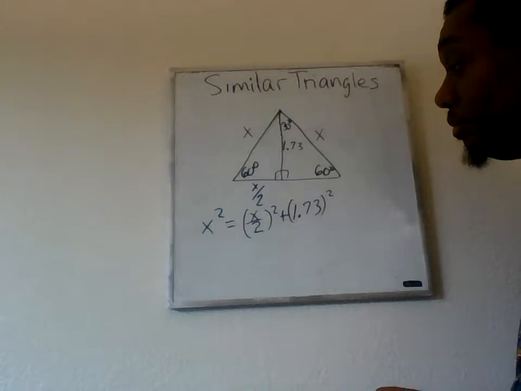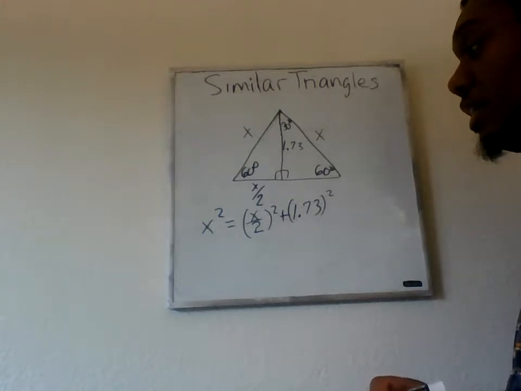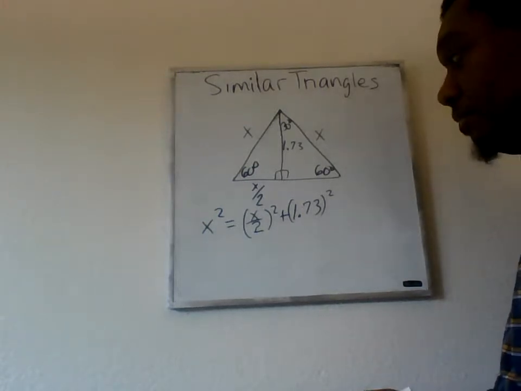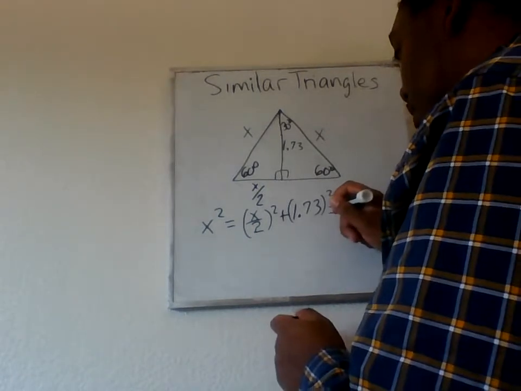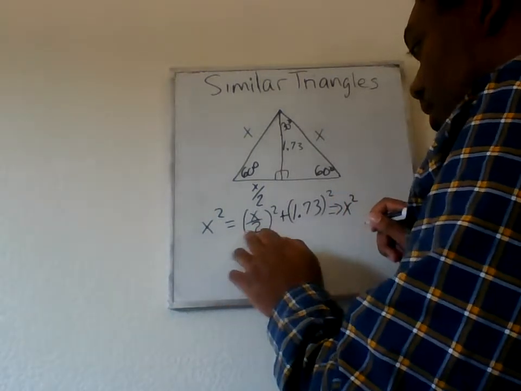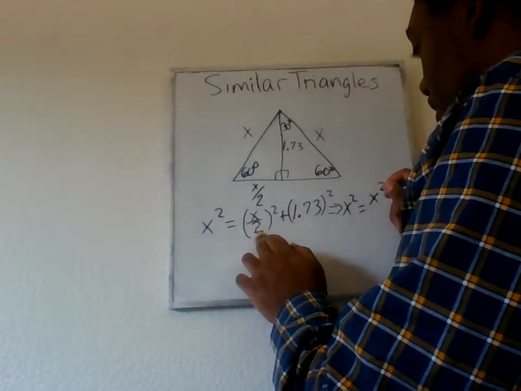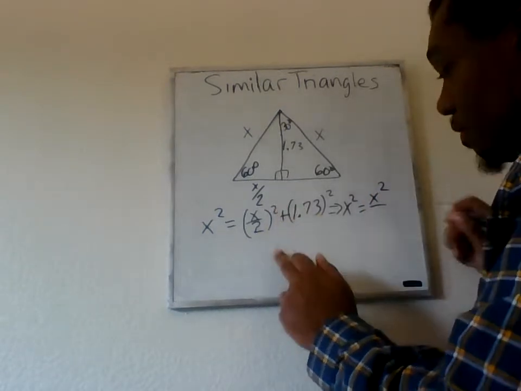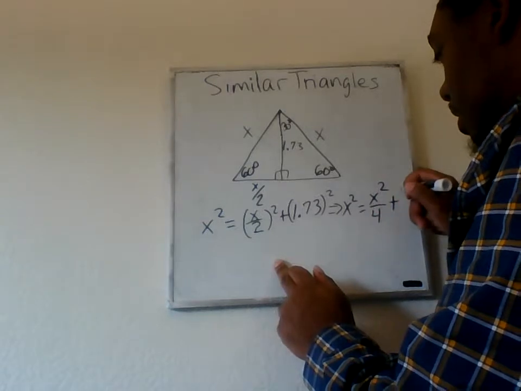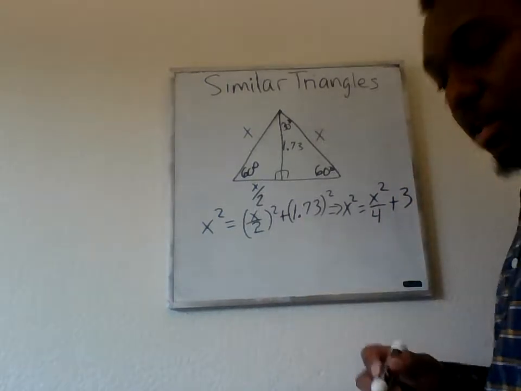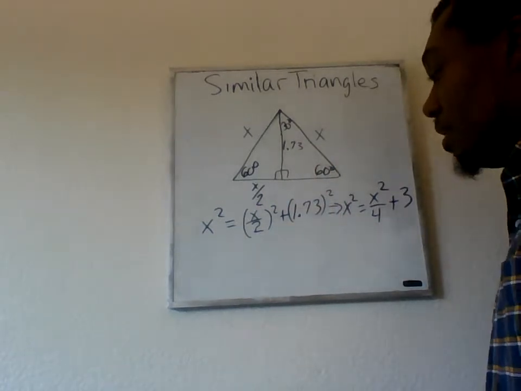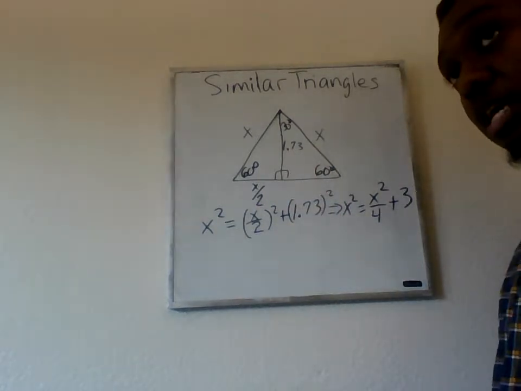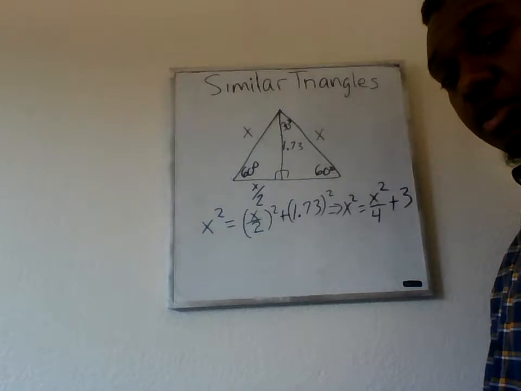Okay, awesome. So let's simplify. Exponents first, we end up seeing that x squared equals x squared divided by, well, 2 squared would be 4, plus about 3. I'm using that because I wanted to use the square root of 3 for this. So we get x squared equals x squared divided by 4 plus 3.